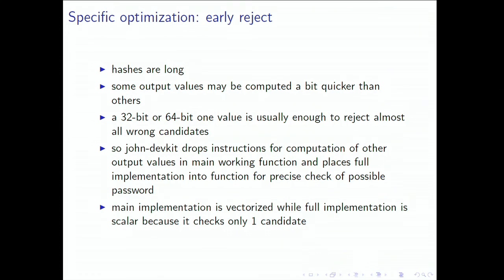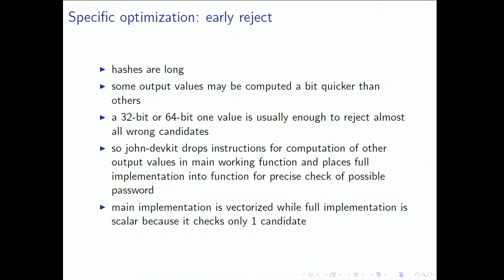A hash is long, it has a number of values. We are happy with one, 32 or 64 bit. So from the main function we take away those operations that we do not need for calculation.